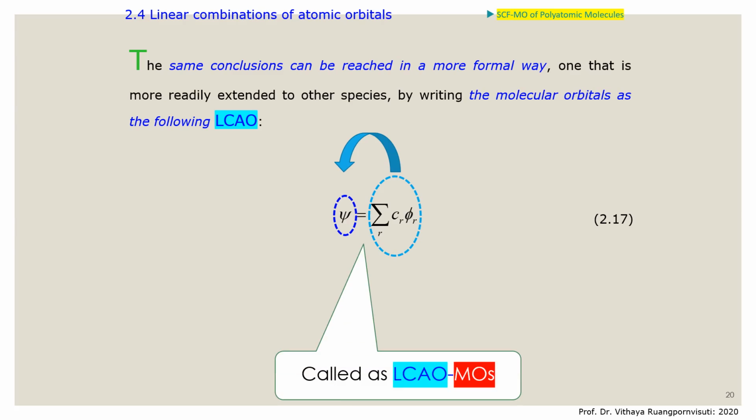This equation is therefore called the LCAO-MO method. This means that we construct the molecular orbitals from the atomic orbitals using the LCAO method.